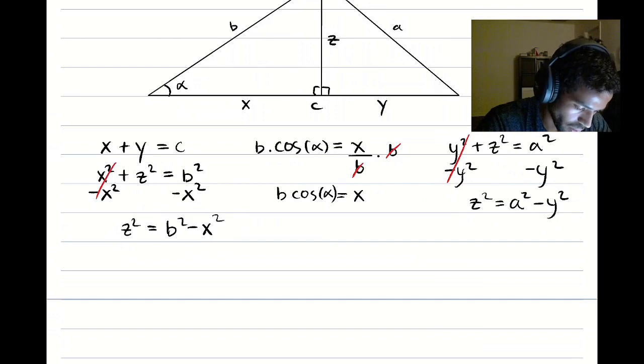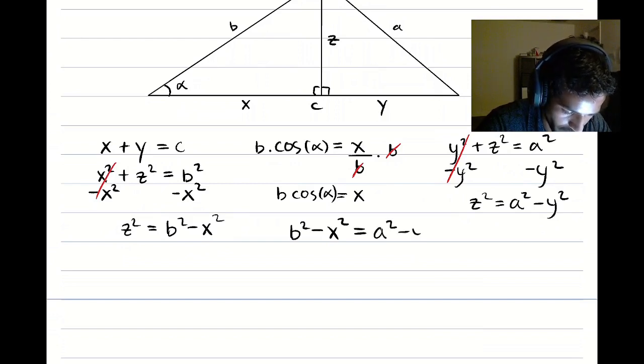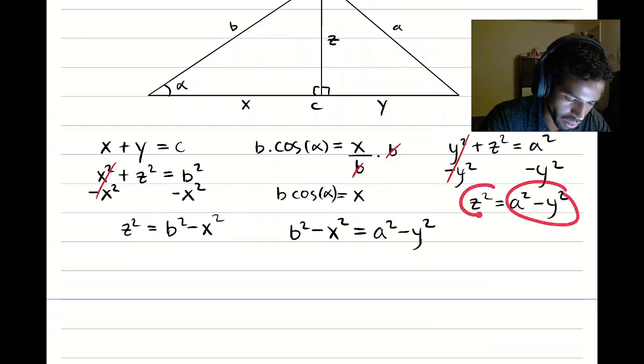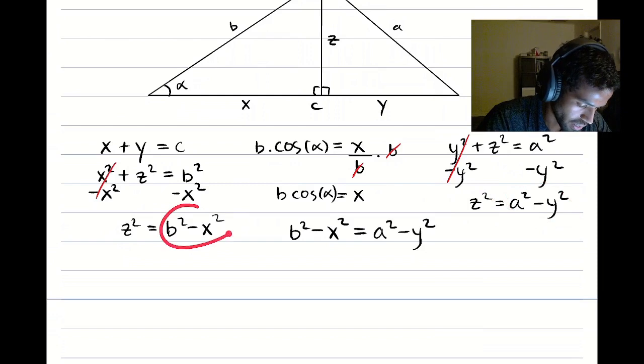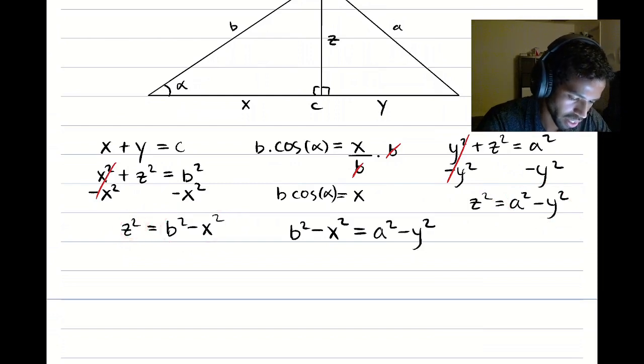So combining them together, I'm gonna do it in the middle here. So I'm gonna have b squared minus x squared is equal to a squared minus y squared. And that's because both of these are equal to z squared, so that means they're equal to one another.